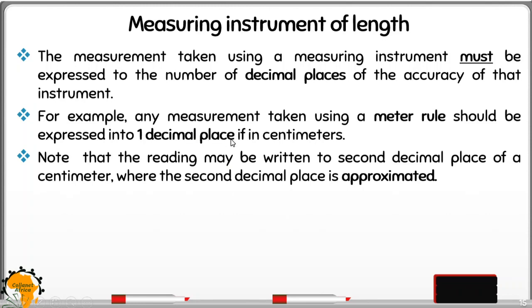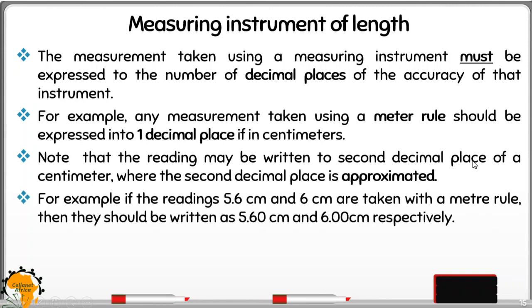But in some cases, you find that you can even go to the second decimal place if you are using a meter rule. But note that the second decimal place is approximated. You may have a case where the pointer, or where you want to measure, is in between the millimeter marks, between 0.1 centimeter, so you approximate the second decimal.